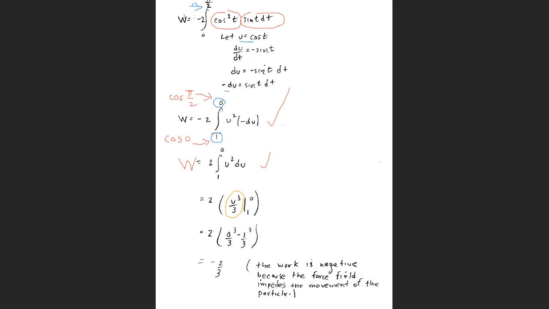Limits are from 0 to 1. We plug in the 0, we plug in the 1, and we're going to end up getting negative 2/3 for the work.